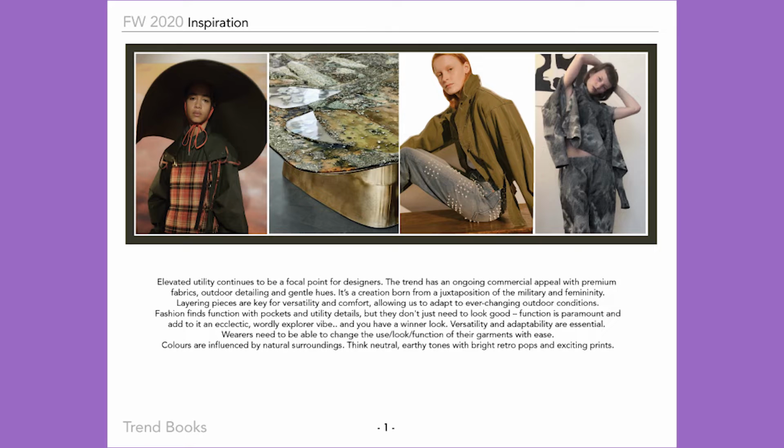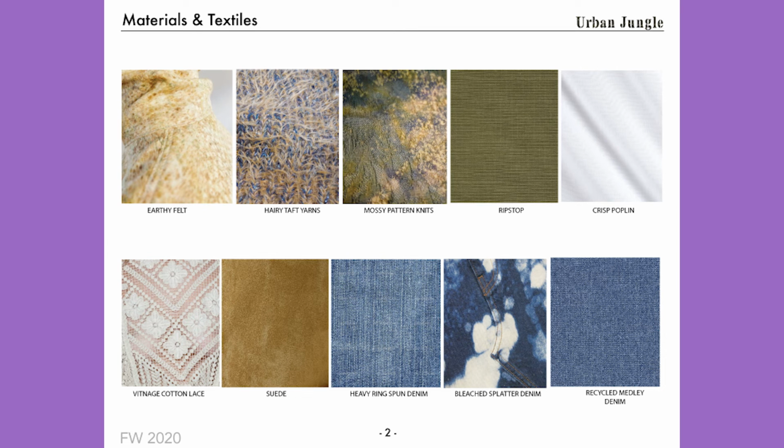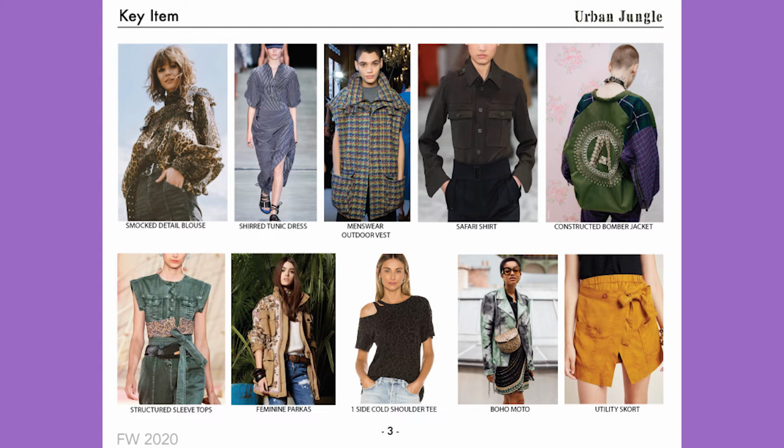Now, a trend book is a step further. If you're dealing with a sales team or you are participating in various trade shows, then you might want to consider putting together some trend books. They are comprehensive forecasting instruments that target all facets of a trend in various fashion categories to give it a lifestyle story.